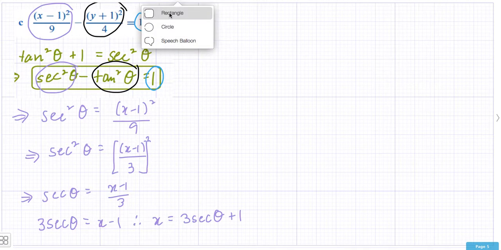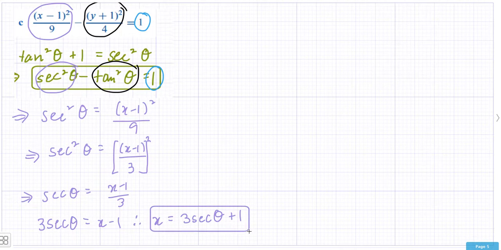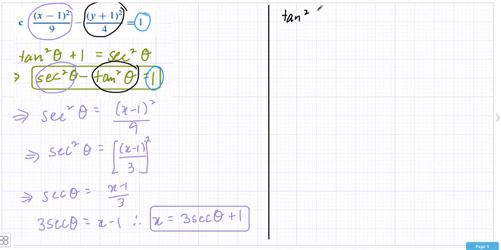So all you've done there is gone backwards. You've used this expression here, equating everything. Get the 1 on the right side, it just makes life much easier. Divide through to get that 1 on the right side. And again, we'll do it with the other one as well. The one that's there in black, that's going to be the y. So we've got tan squared theta equals y plus 1 all squared on 4.